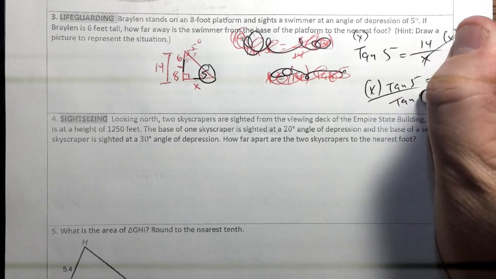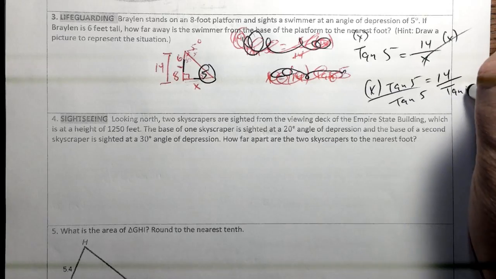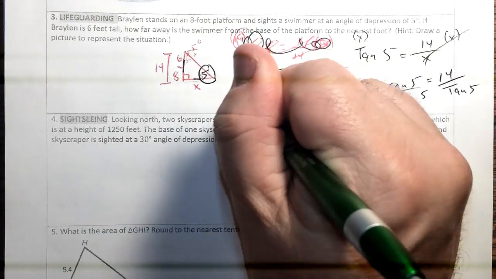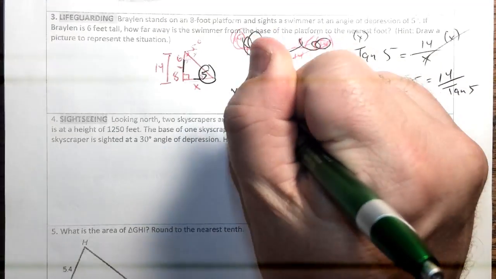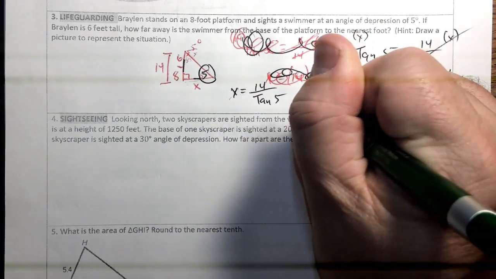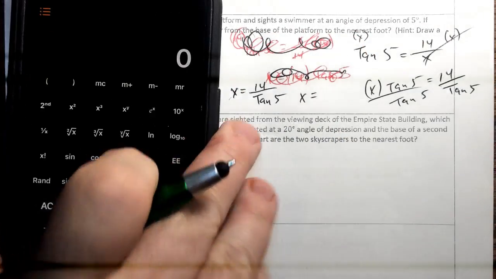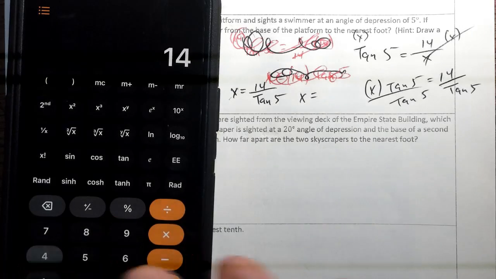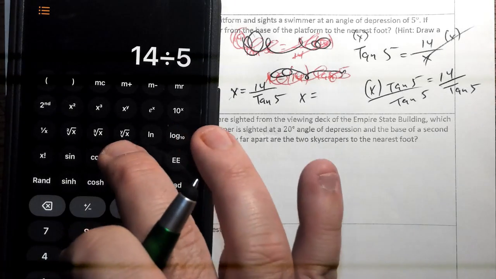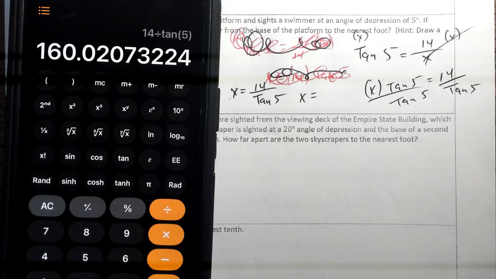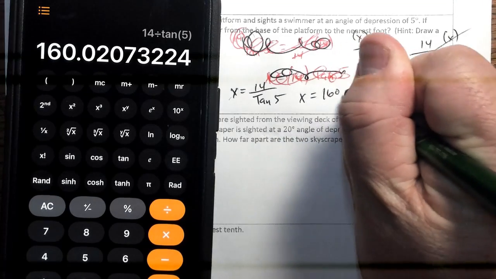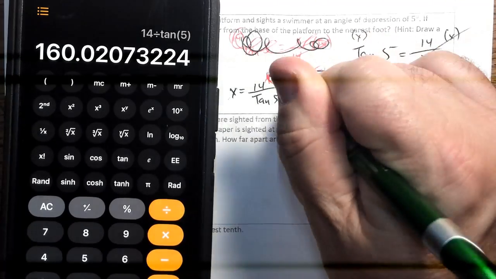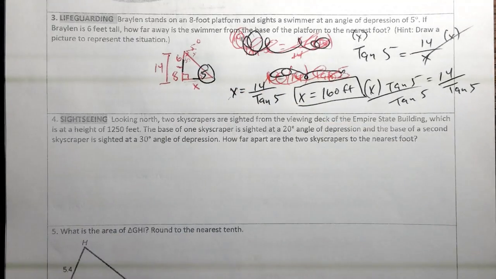Divide both sides by tan 5. So x equals 14 divided by tan 5. Now, 14 divided by tan 5 equals 160 feet. And that was the answer I knew I got, but sorry for all the crazy business to get there.